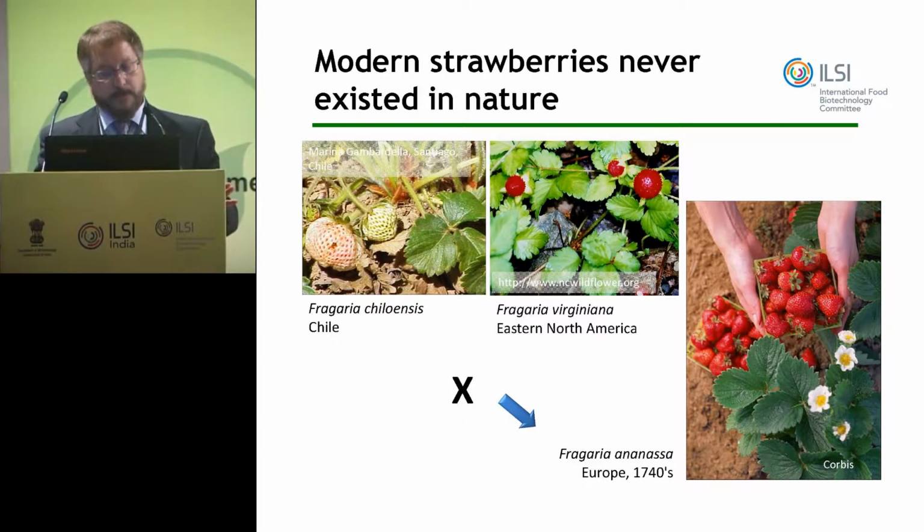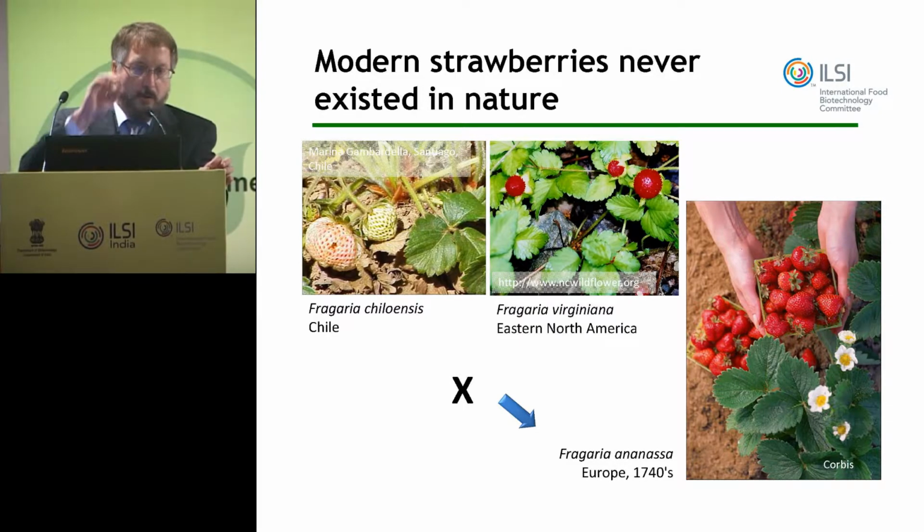So these strawberries did not exist in 1540. In fact, the modern strawberries that we do have never existed in nature. We owe them to the French. We have to owe something to the French. In the area of global world exploration, they found a South American strawberry, which was kind of large, and the one from North America, which is really small, their fruits are about 1 centimeter in size.